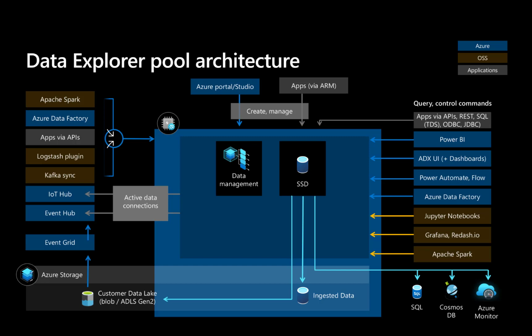And it provides a rich ecosystem for ingesting data using various connections over here. So there's Kafka Sync, IoT Hub, Event Hub, and a few more where you can pull in your data from. And then finally, it supports querying data from SQL, Cosmos DB, Azure Monitor, and Data Lake. So a lot of very cool, neat integrations within the Data Explorer.